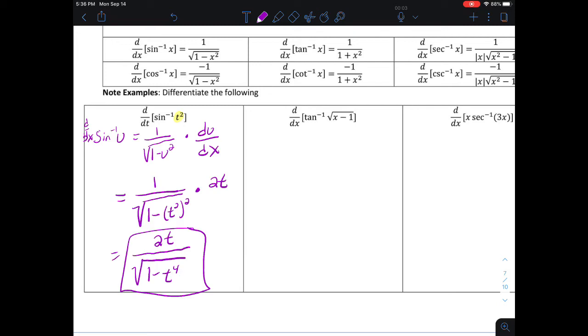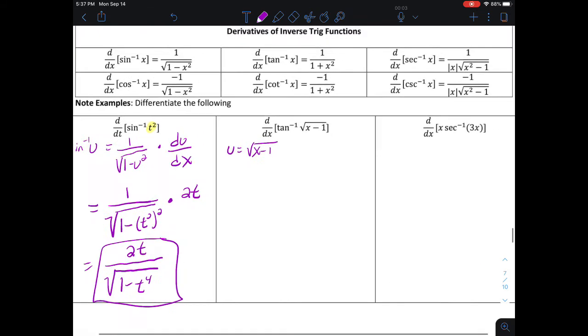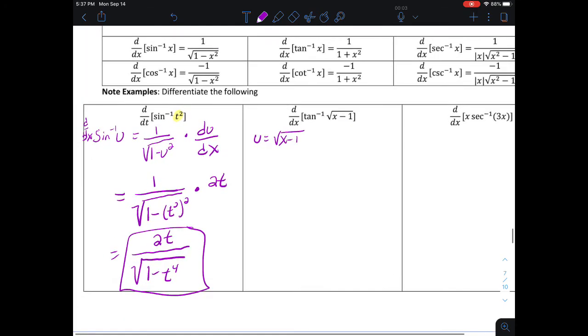Let's do another one here for inverse tangent. Some people like to rewrite this in terms of an inner expression. You don't have to do that. I mean, you could define u as being the square root of x minus 1 and rewrite your problem where you want to find the derivative with respect to x of inverse tangent of u.